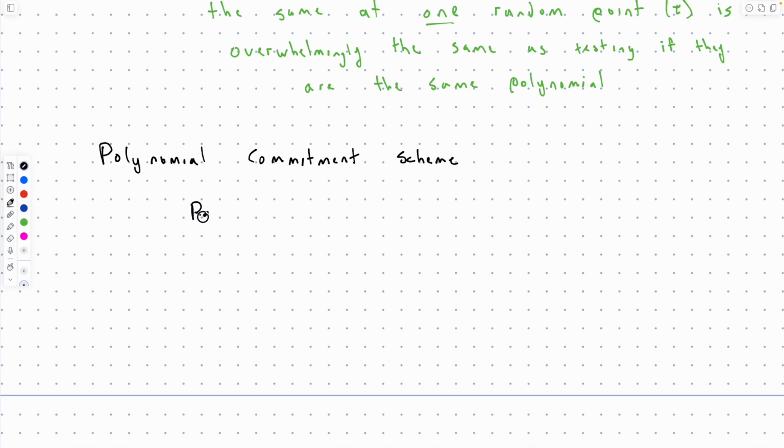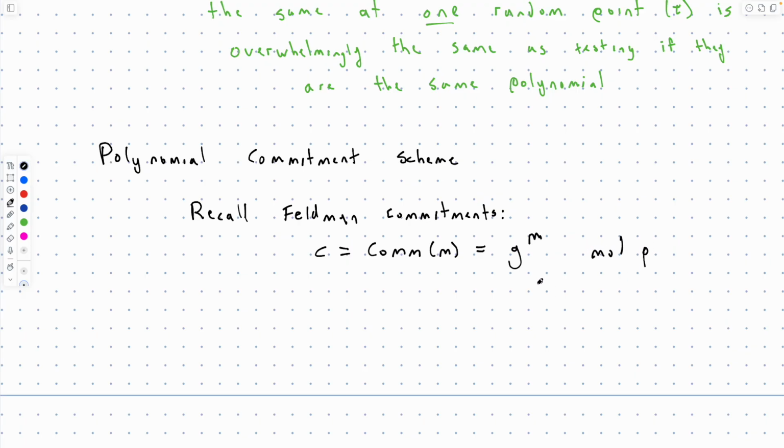Okay, so recall, I'll start with the Feldman commitment. All right, so if I want to commit to message M, what I do is I just do g to the power of M mod p, where g comes from G_q, m is in Z_q, and the resulting commitment will be in G_q.